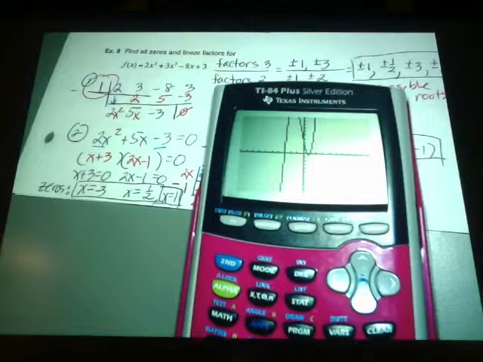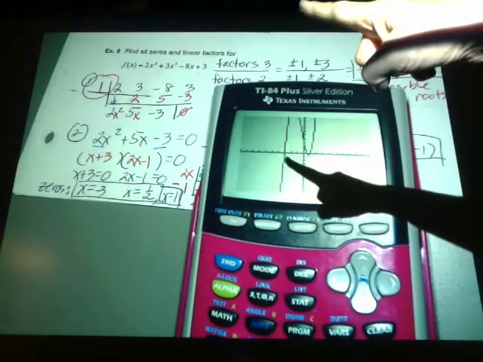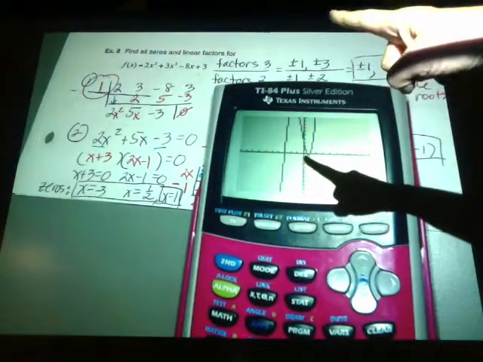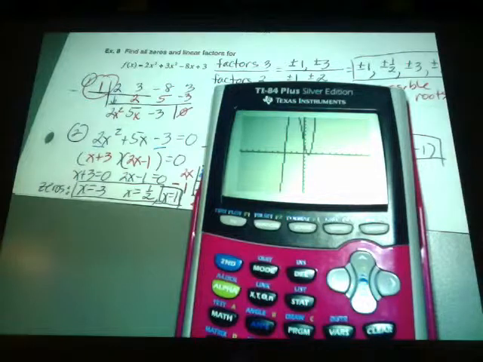Does that mimic the x cubed curve? Yes. Isn't this our negative 3? Isn't this our positive 1/2? And isn't that positive 1? So it agrees, right? Yeah.